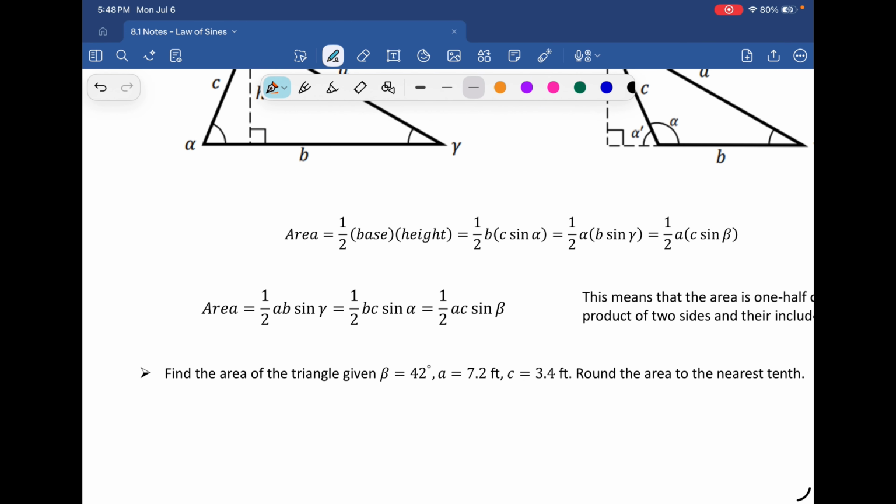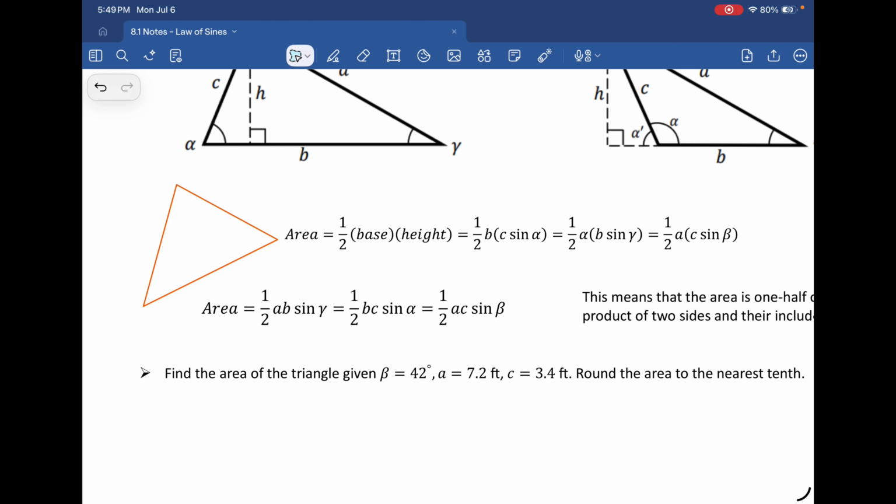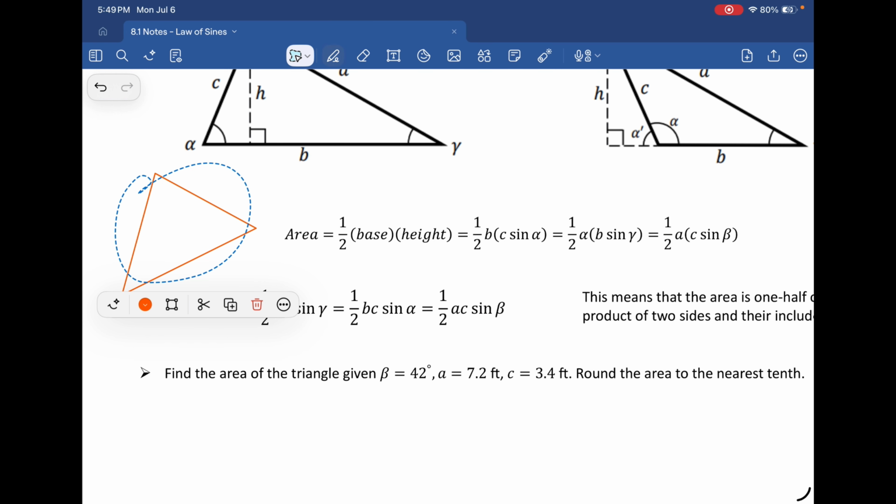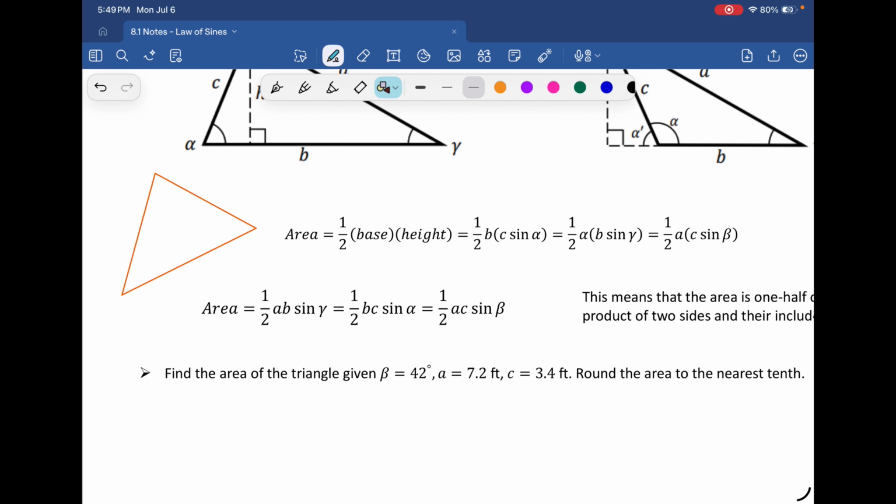All right, so if I draw a triangle, and let's say I know this angle, and I know this side, and I know that side.